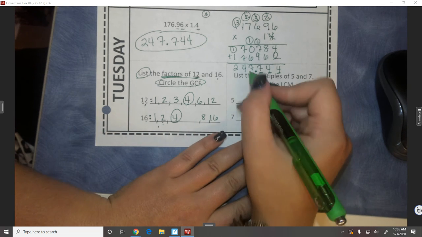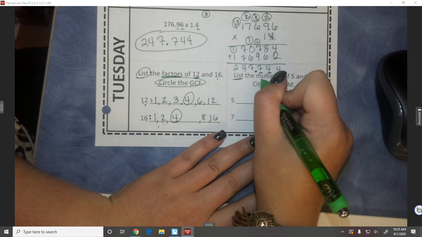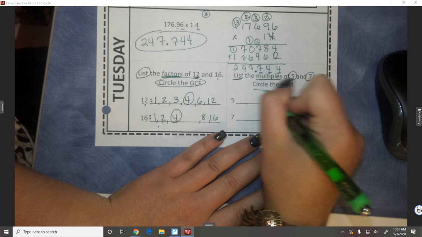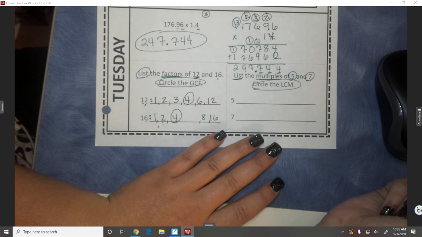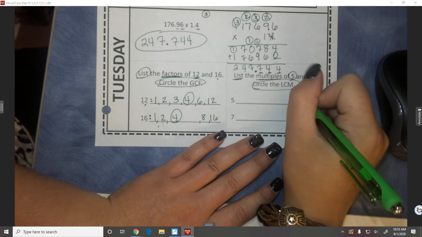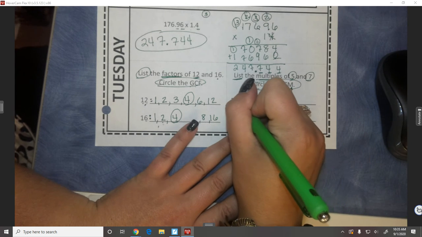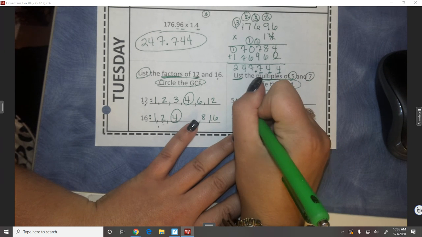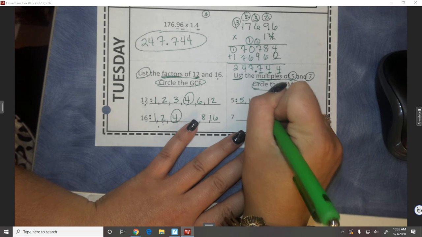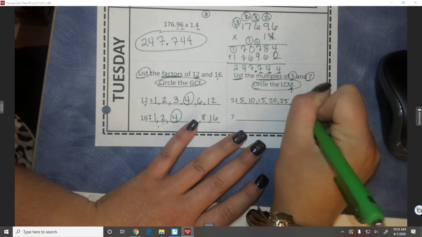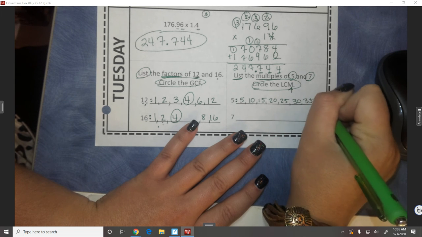All right, now over here we're going to list the multiples of 5 and 7 and circle the LCM. So the multiple means multiply. So I'm going to list my multiples of 5. So we've got 5, 10, 15, 20, 25, 30, 35, 40.